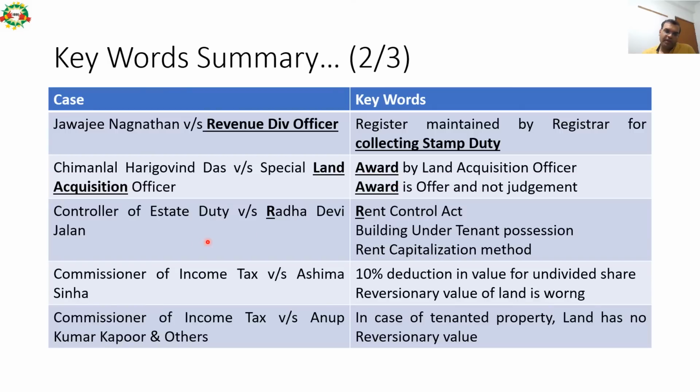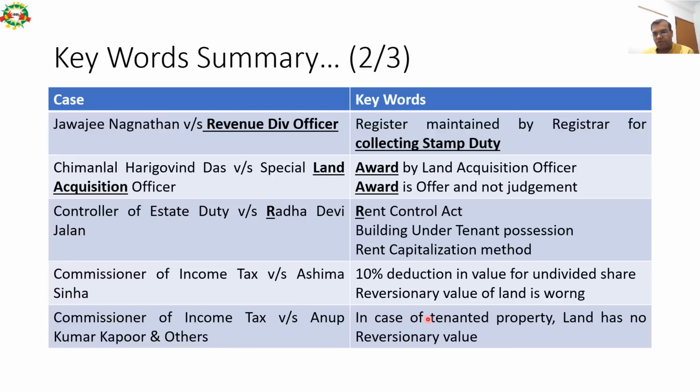Then Controller of Estate Duty versus Radha Devi Jalan. Here, if the keywords are Rent Control Act, building under tenant possession, rent capitalization method, then the examiner is talking about this case, Controller of Estate Duty versus Radha Devi Jalan.